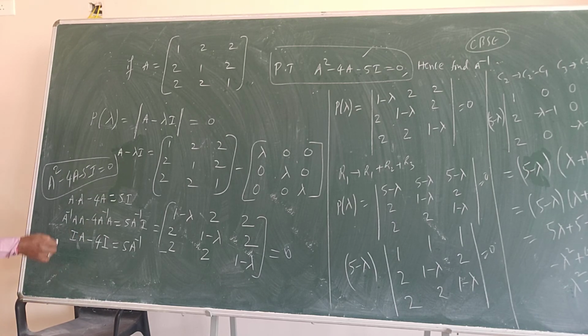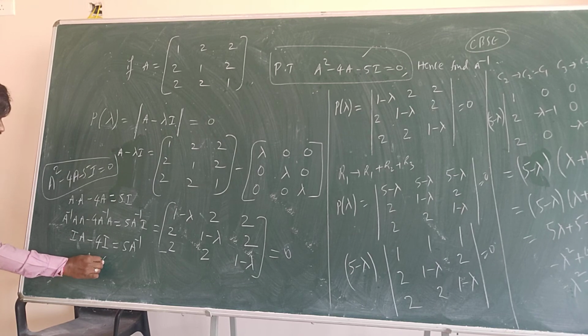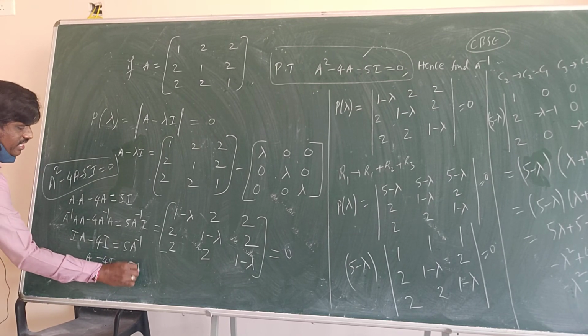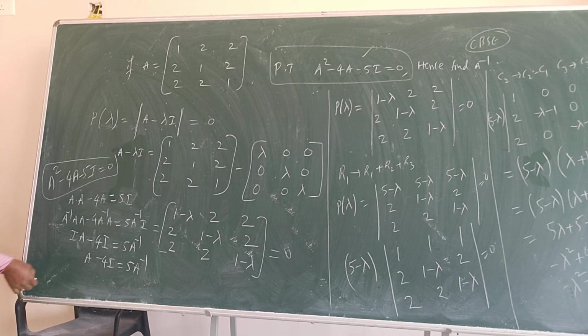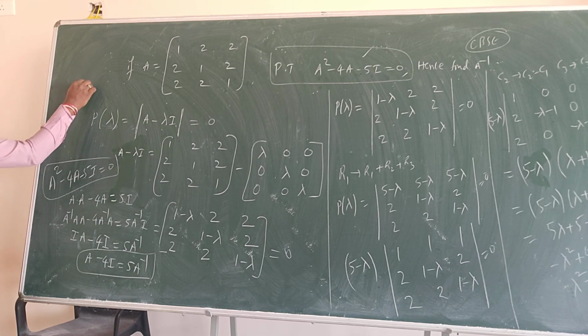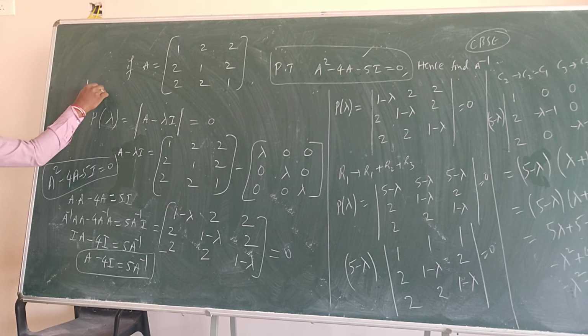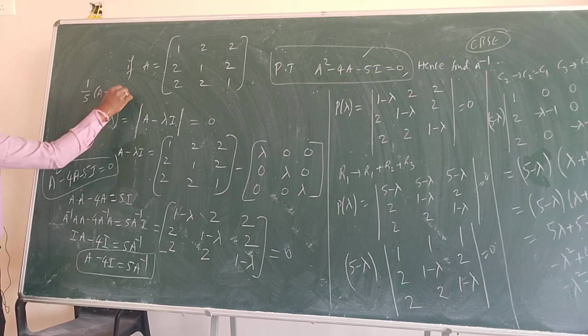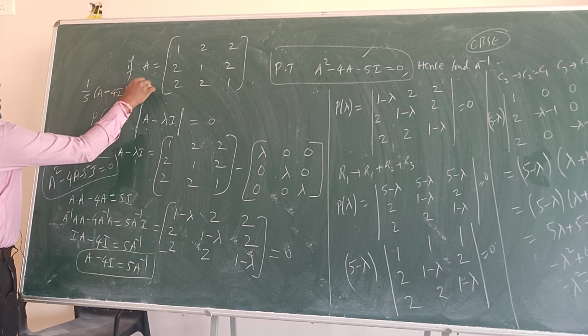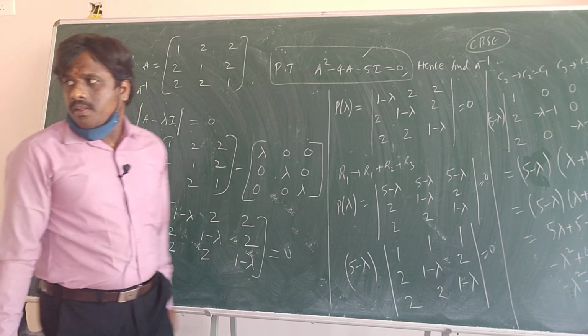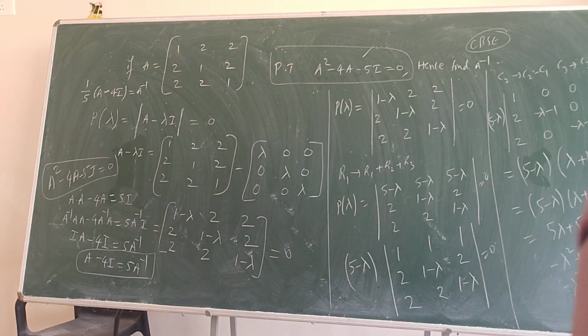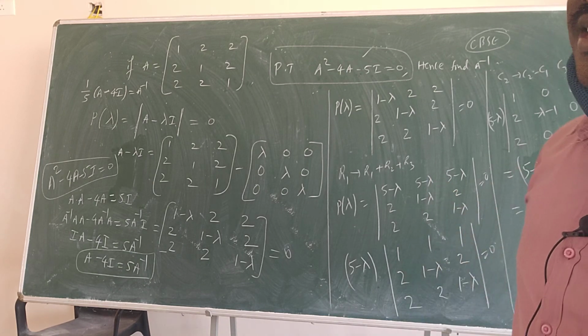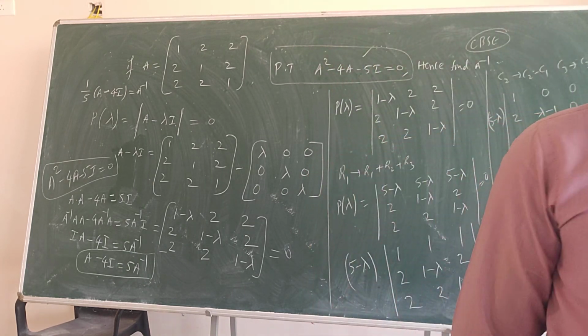So I into A is A. So A minus 4I is equal to 5A inverse. So what will be the A inverse value here? Another way, 5 will be sent this side: 1 by 5 into A minus 4I is equal to A inverse. The question I did not change. Okay, fine. Understood?